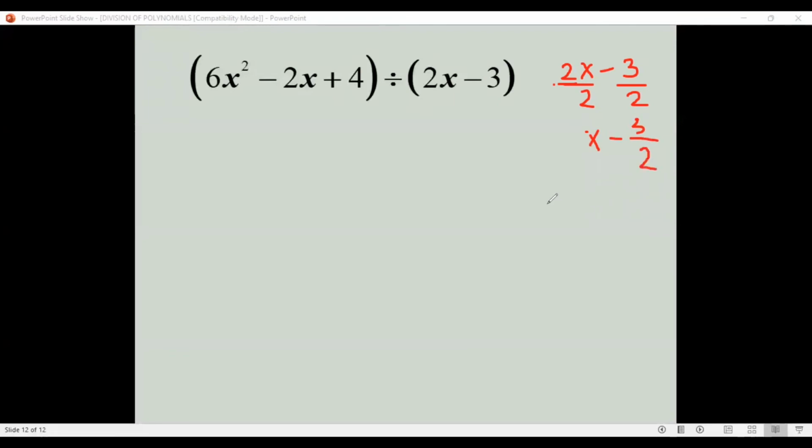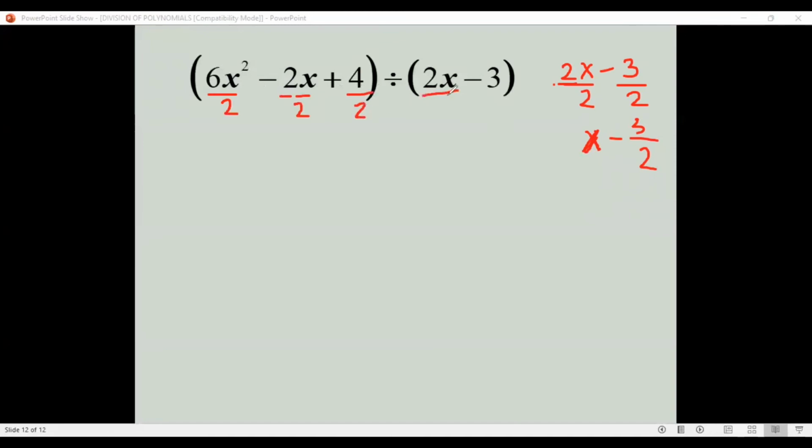Okay? So since we did this in the divisor, we have to just do the same thing with our dividend. Okay, which means that we have to divide this by 2, we have to divide this by 2, and we have to divide this also by 2.